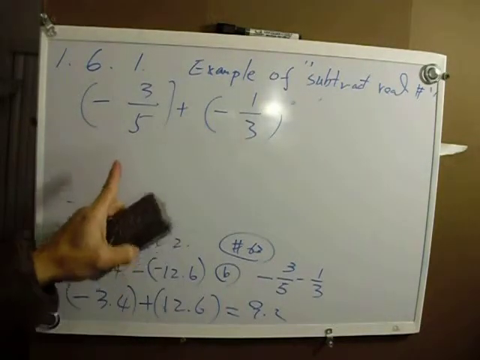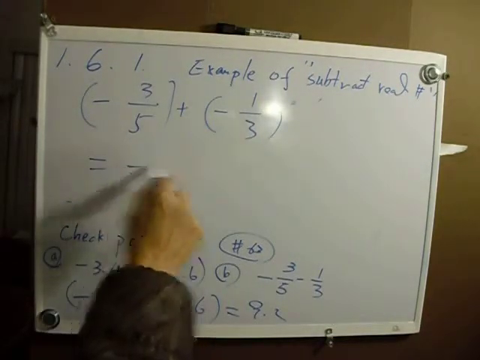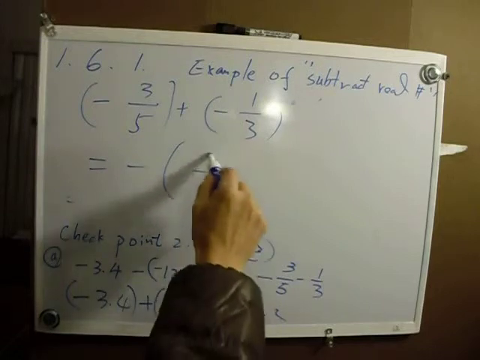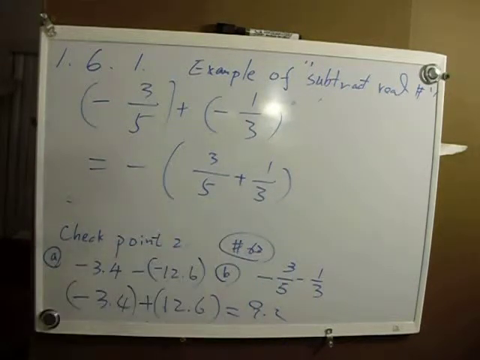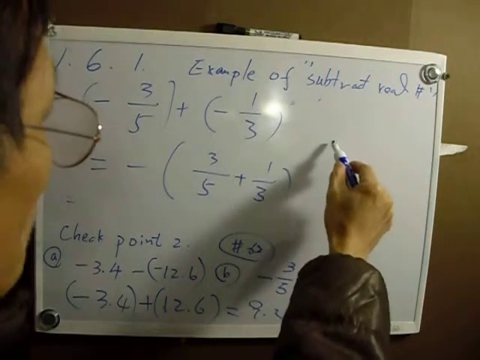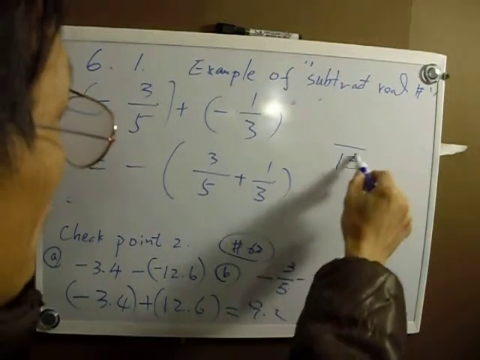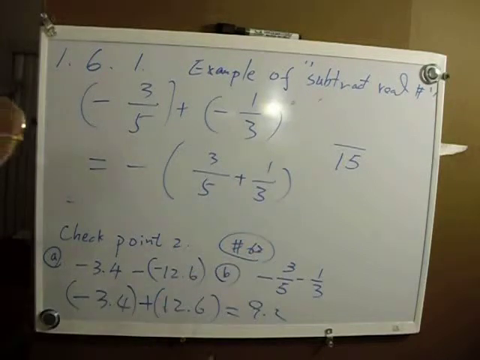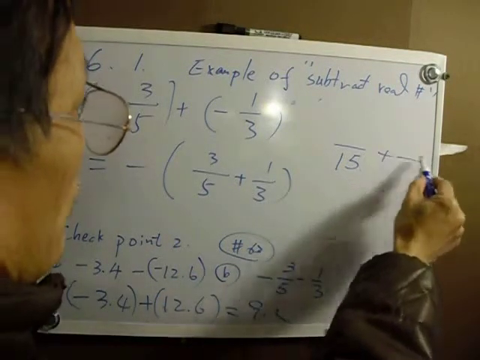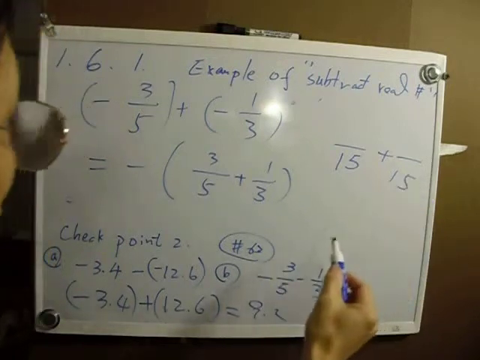Two negative numbers, you keep the negative sign. So 3/5 plus 1/3. Here you need to convert that into the same denominator. The LCD of 5 and 3 is going to be 15. Okay, 15 for both of these numbers.